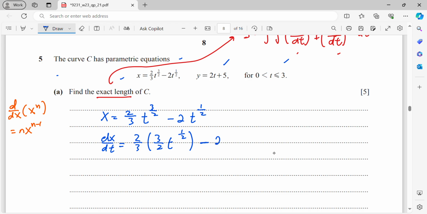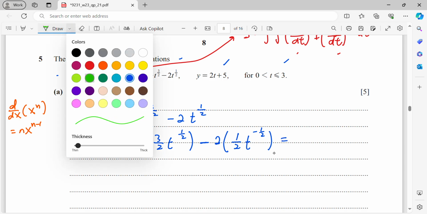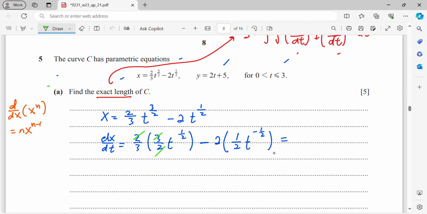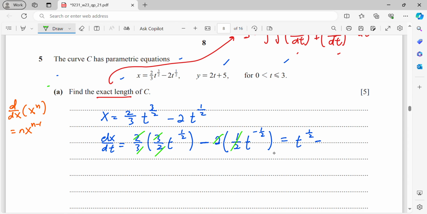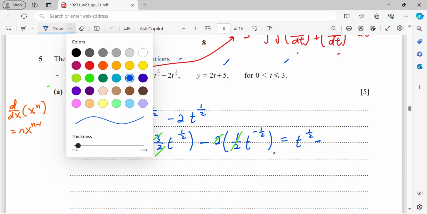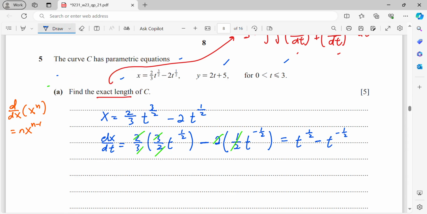Then minus, remain the 2, t power half, bring down the half, then t power half minus 1 is negative half. Now I simplify. Obviously 2 cancels off, 3 also cancels off. So I get t power half, minus, and then for the next term, 2 and half cancel, I get t power negative half.